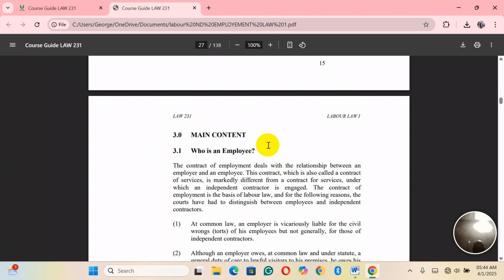So, number one, at common law, an employer is vicariously liable for the civil wrongs of the employee, but not generally for those of the independent contractor.